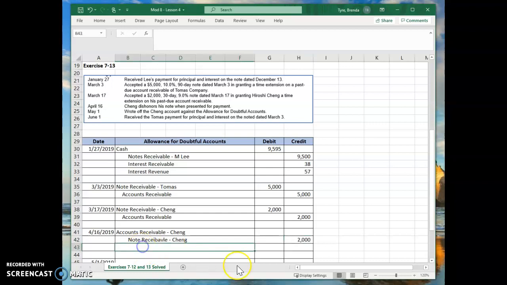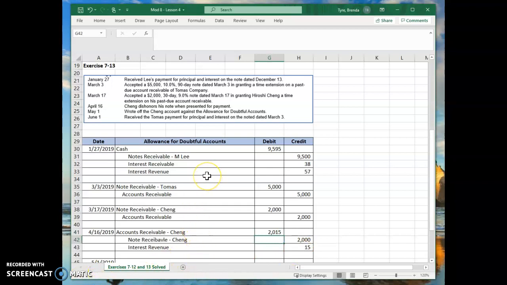Interest on this note should have been, let's see, 2,000 times 0.09 times 30 divided by 360, $15. So we put that total amount, the 2,000 plus the 15, in Chang's receivable.